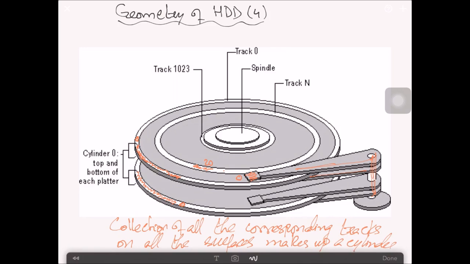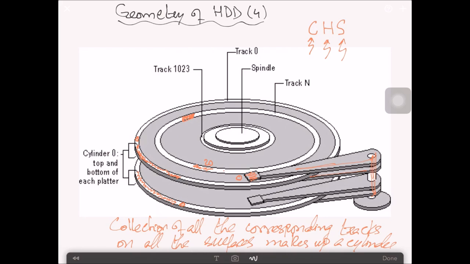So if I want to reach a particular sector, it will have a 3D address of C, H and S: the cylinder, the head and the sector. The cylinder will decide on which track the heads should be moved, and then we will make either head 0 or head 1 or head 2 or head 3 active.